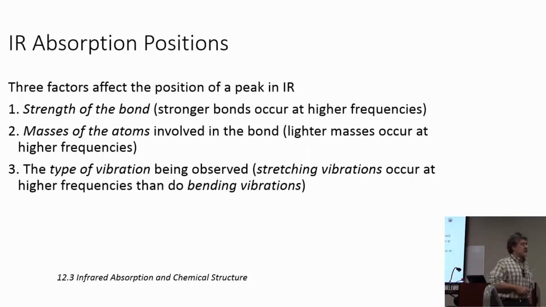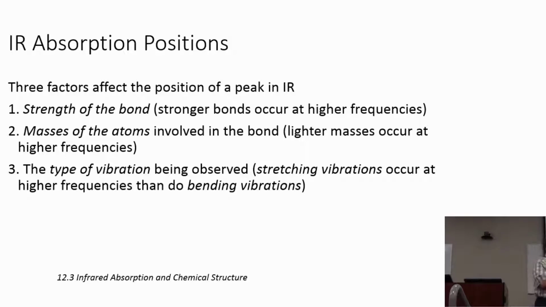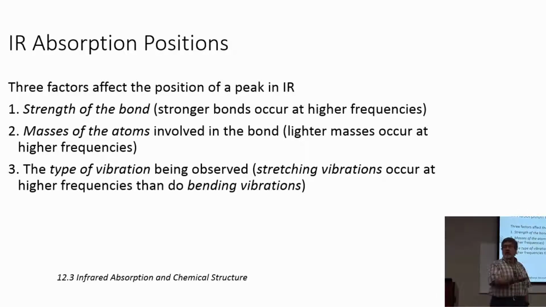Big difference between carbon hydrogen and a carbon deuterium. Oh, and in the parentheses, of course, is the sum of what the difference is. Stronger bonds, higher frequencies. Lighter masses occur at higher frequencies, right? The heavier weight vibrates a little more slowly when it's on the same bond.